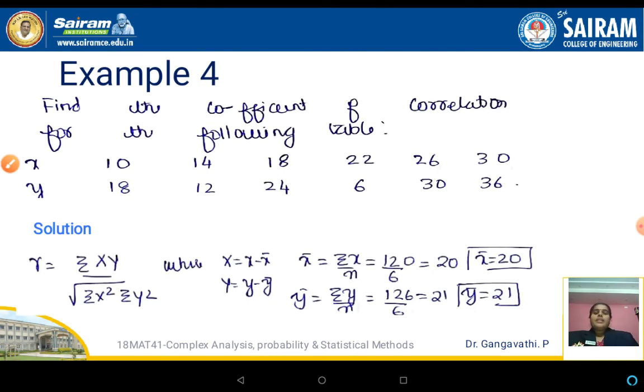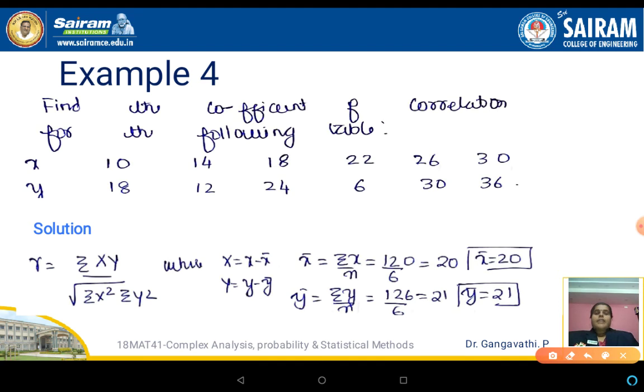Let us see another example for finding the coefficient of correlation. Look at problem number 5. Find the coefficient of correlation for the following table. The values of x are 10, 14, 18, 22, 26, 30, and the values of y are 18, 12, 24, 6, 30 and 36.